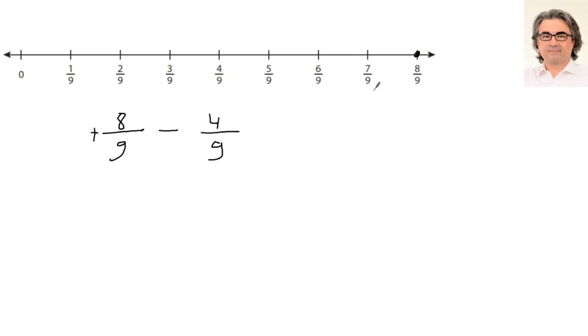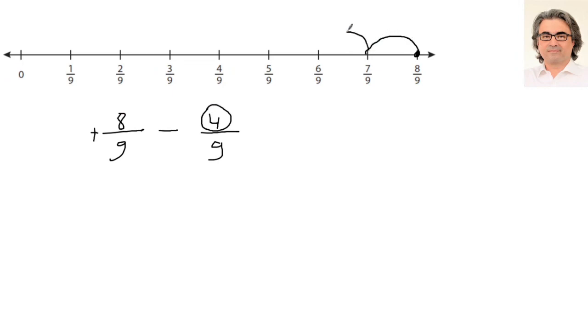And the meaning of the minus sign here is go to the left of 8 over 9. The meaning of 4 over 9 after the minus sign is go to the left of 8 over 9 by 4 units. As you see, the numerator is 4. That's why I'm going to the left of 8 over 9, 4 units.